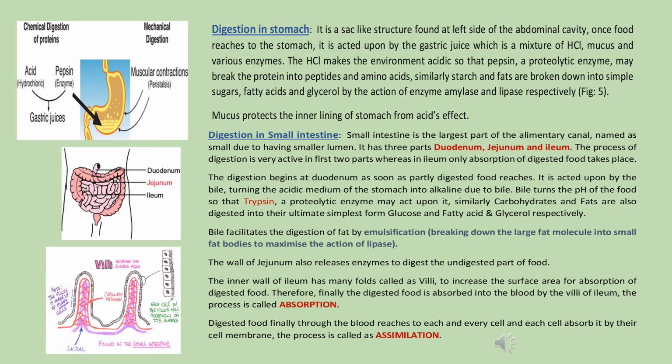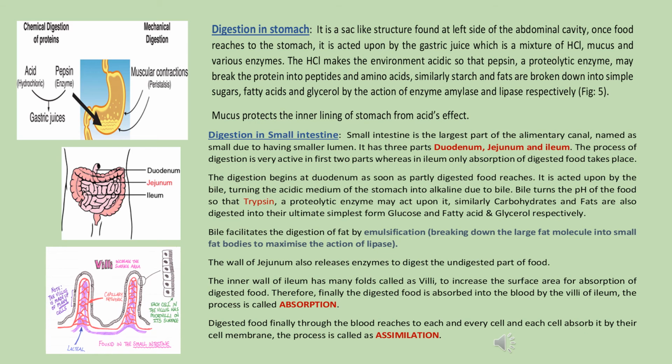So, we have seen that the process of digestion starts in the mouth, and the first digestion of a nutrient takes place in the mouth. It is carbohydrate which is digested first, but later on when the food comes into the stomach, nutrients like fat and proteins are also being digested. However, we see the proper digestion of fat only takes place in the small intestine.